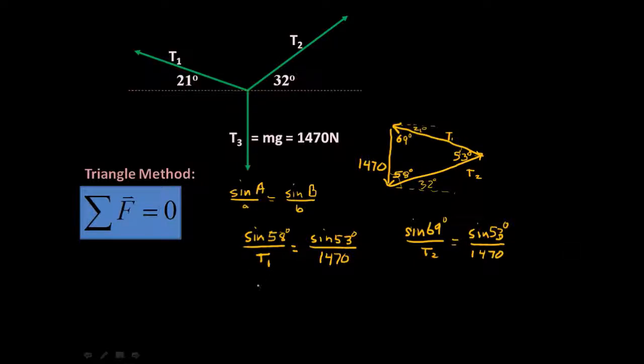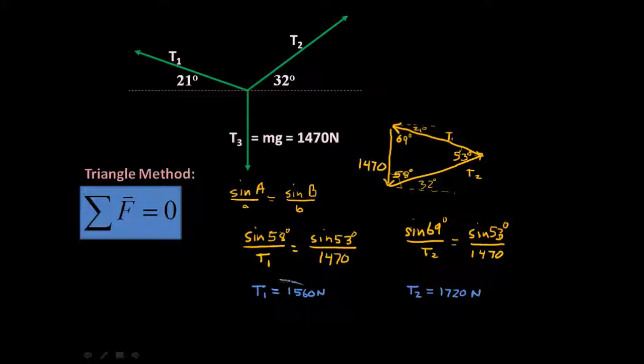If you work this first proportion correctly, you should have that T1 is equal to, well, I got 1,560 newtons. And over here, I got that T2 is 1,720 newtons. I rounded both of those to 3 significant figures.